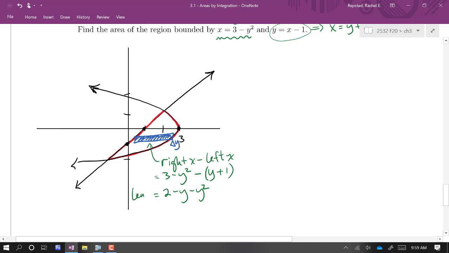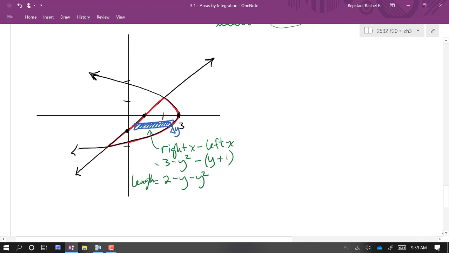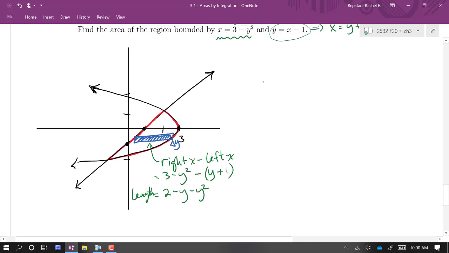So that's the length, and that means that the delta A, length times width, is 2 minus y squared times delta y.